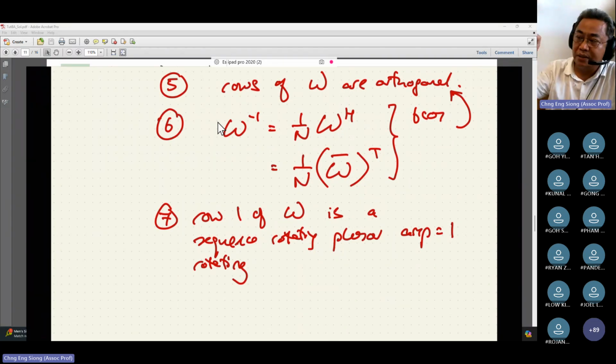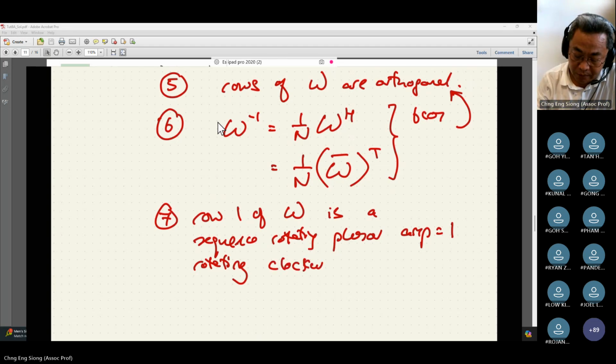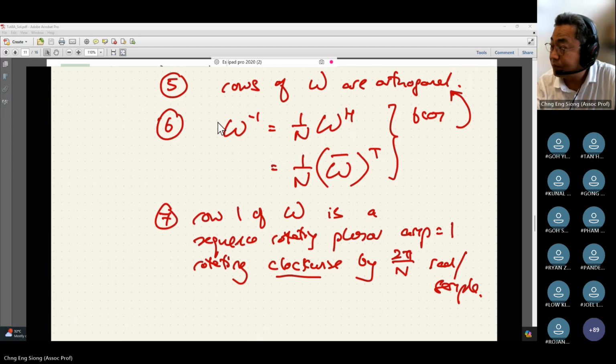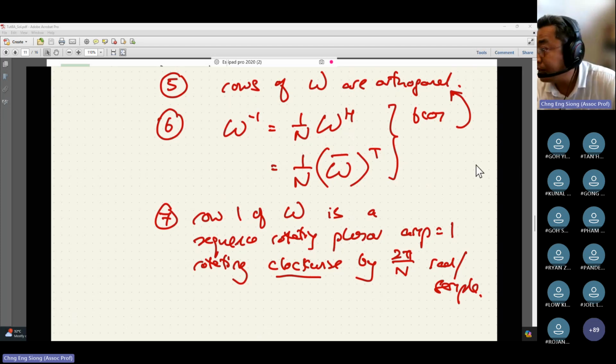It is going to rotate clockwise or anti-clockwise. Clockwise, very good. By how many radians per sample? By 2 pi over N radians per sample. Yeah, capital N, guys, not small n, must be capital N.